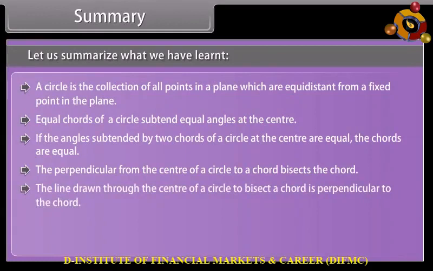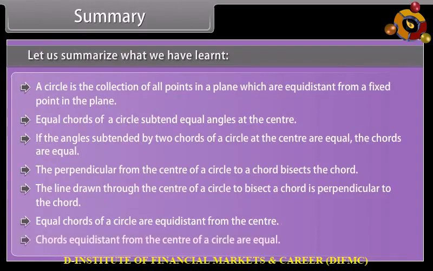The line drawn through the center of a circle to bisect a chord is perpendicular to the chord. Equal chords of a circle are equidistant from the center. Chords equidistant from the center of a circle are equal.